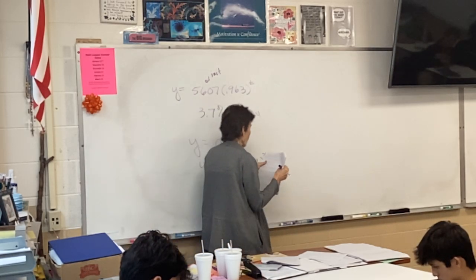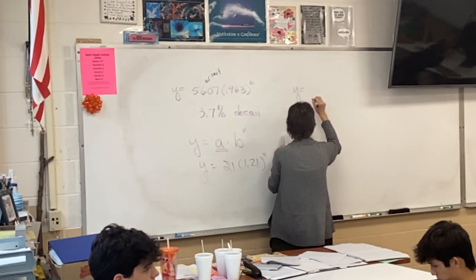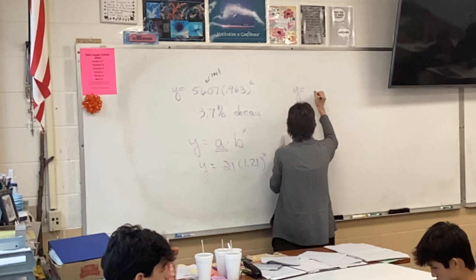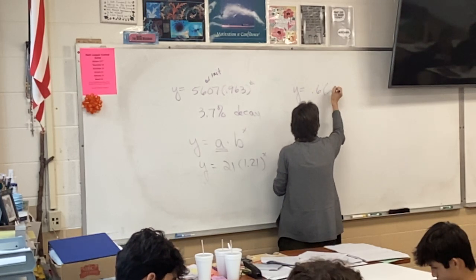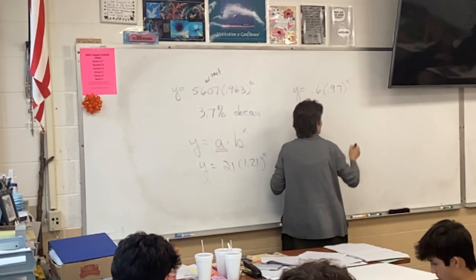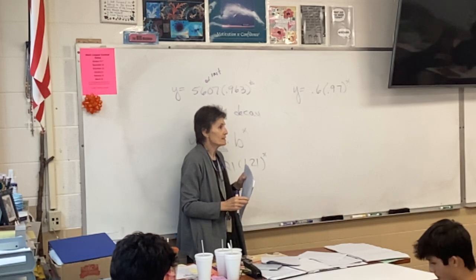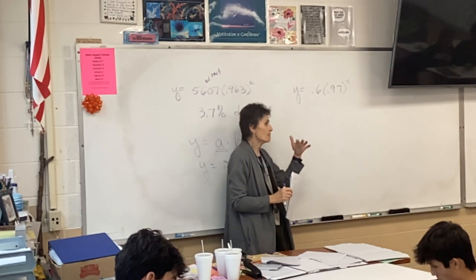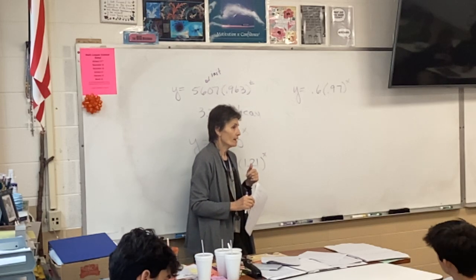All right? What about B? 0.97 to the X. That's exactly right. Why is it 0.97? Because it's 3% less than 1. Right, Charlie?